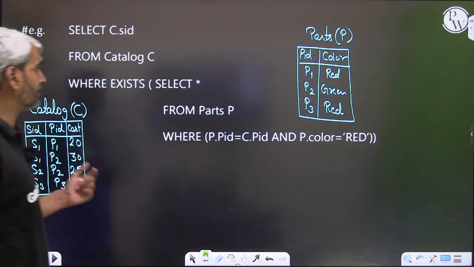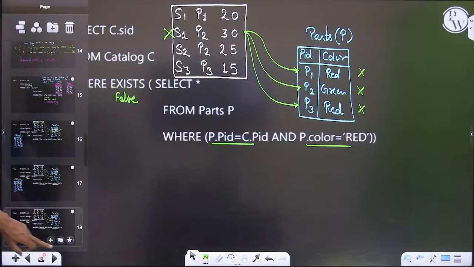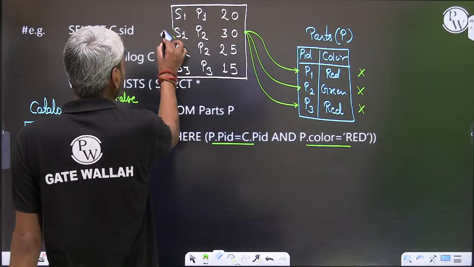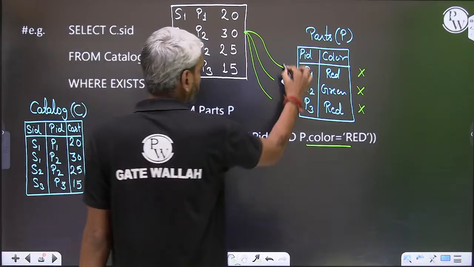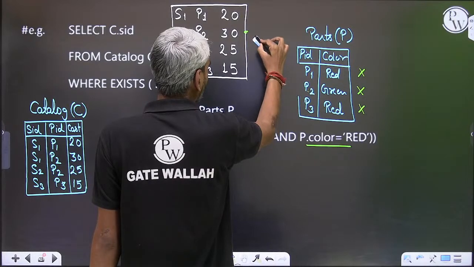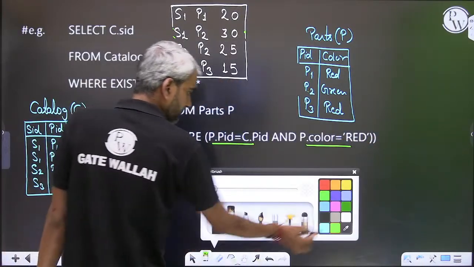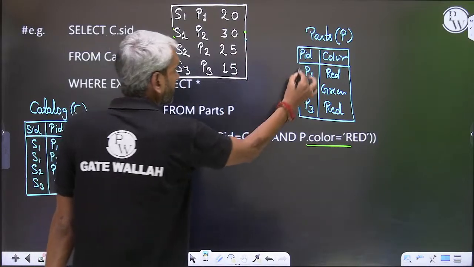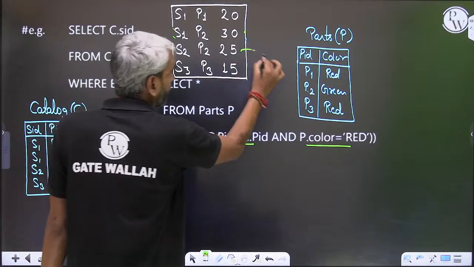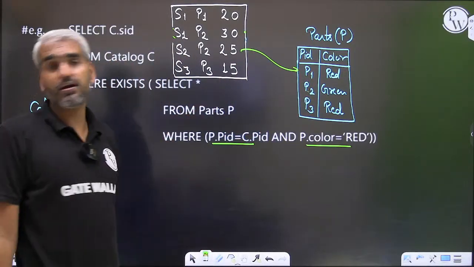Then we'll take the third tuple. Let's go with the third tuple of the catalog table and go to the first tuple of the part table.